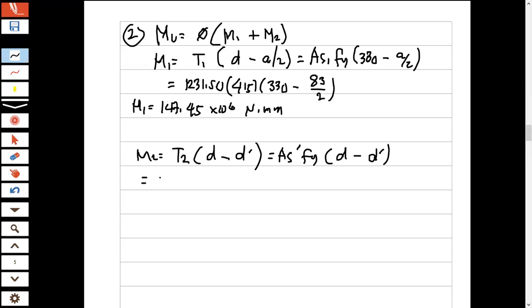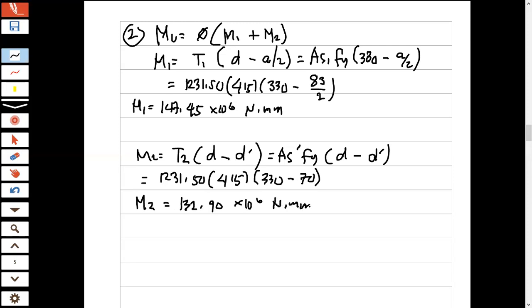It's just the same as AS1: 1, 2, 3, 1.5. Fy is 415. D is equal to 330 minus 70. So therefore, you have M2 is equal to 132.9 times 10 to the power of 6 Newton millimeter.